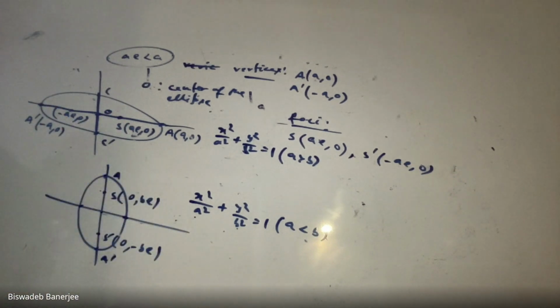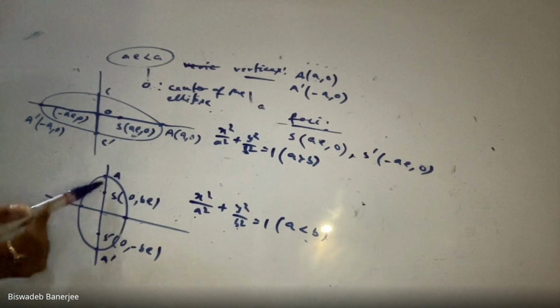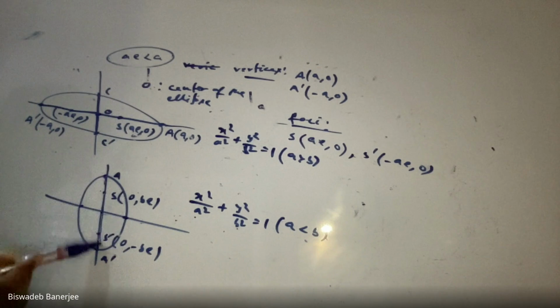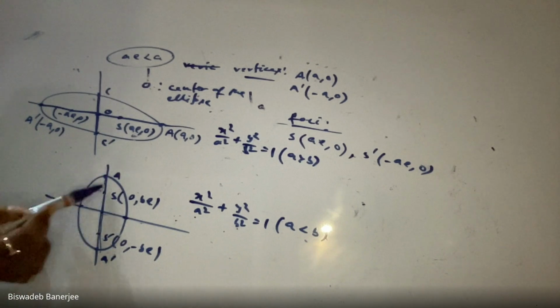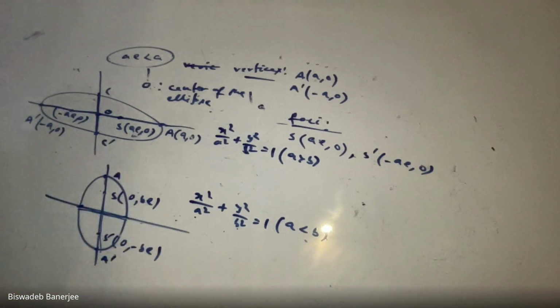Always remember this thing: the major axis always passes through the focus. So here, this is my major axis because it passes through the focus. So this will be my minor axis. All the remaining things are the same.